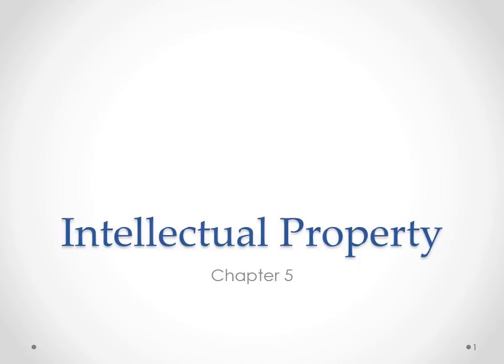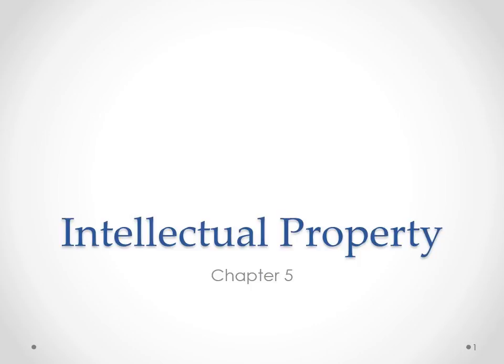So real estate and personal property have something in common. And that is you can touch them, move them, do things with them. Right? That's why we needed a third category. And in American law, we have this thing called intellectual property.